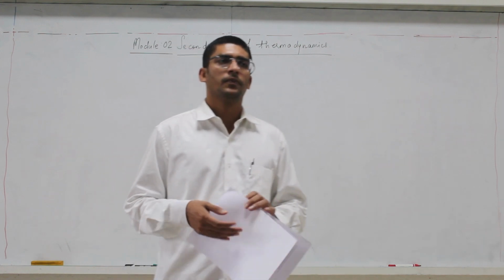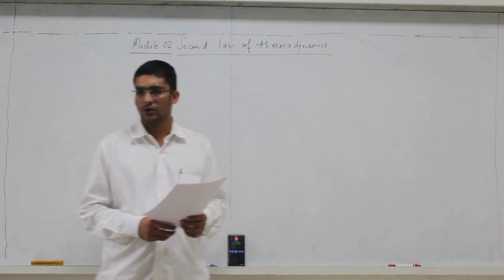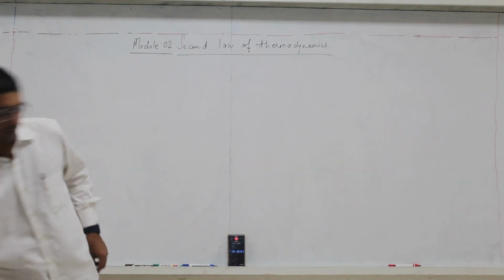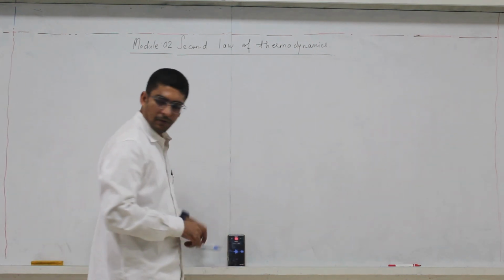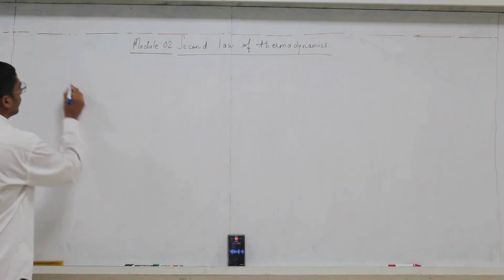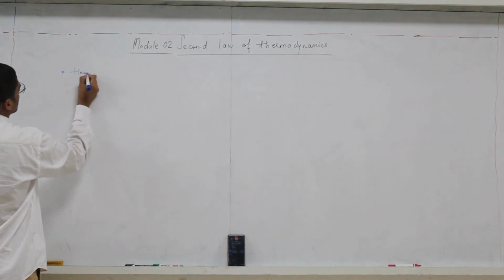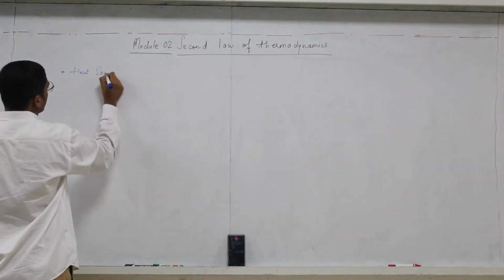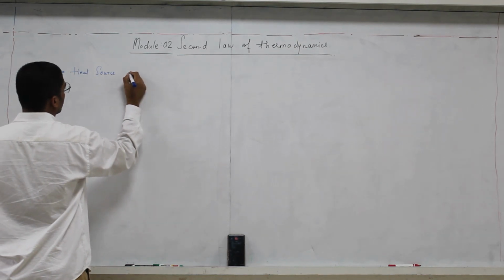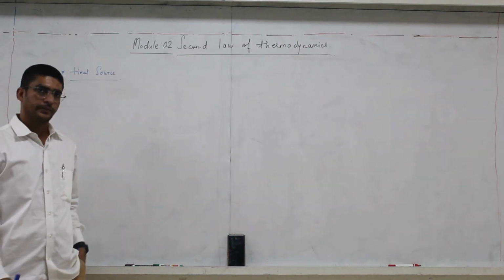It is a very fantastic topic of thermodynamics, the second law, and the first part of our study goes with defining what is a heat source, and then I am going to define what is a heat sink.